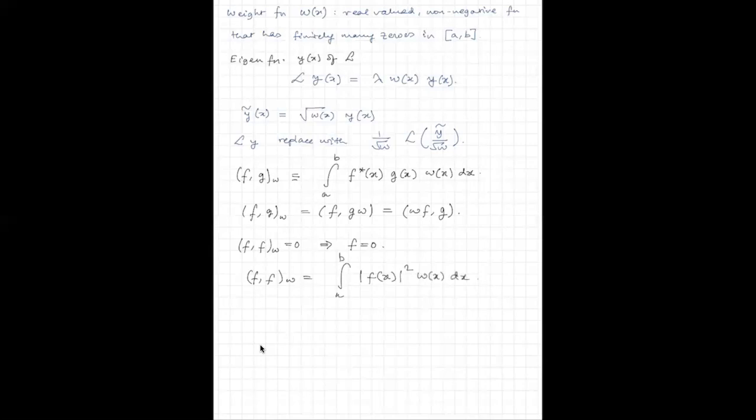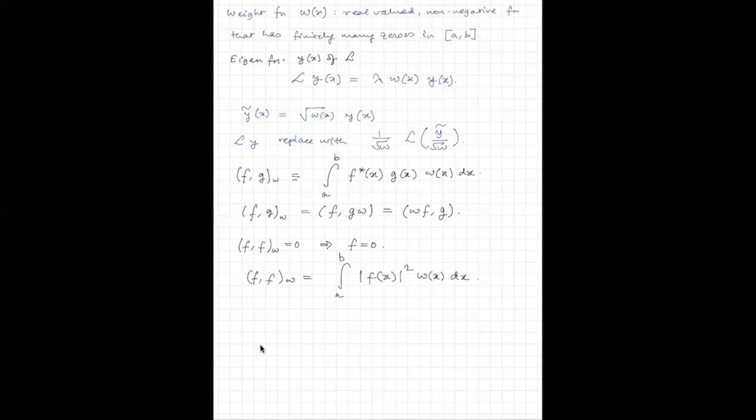So this is an integral of a continuous positive function, and we have also assumed that w has a finite number of zeros in this interval a and b. So this integral has to be 0 only if f is equal to 0 identically. So this inner product is non-degenerate.